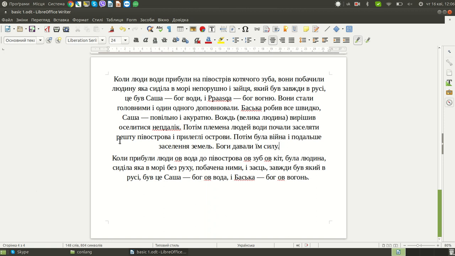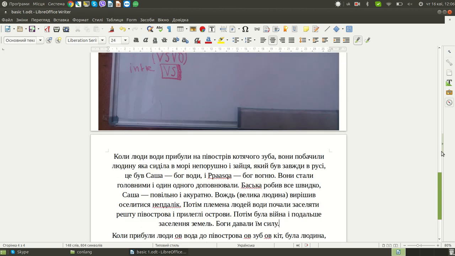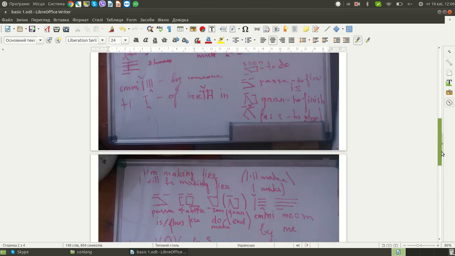So then there was a war between different cities or villages, and they colonized more and more land. The gods were giving them power.